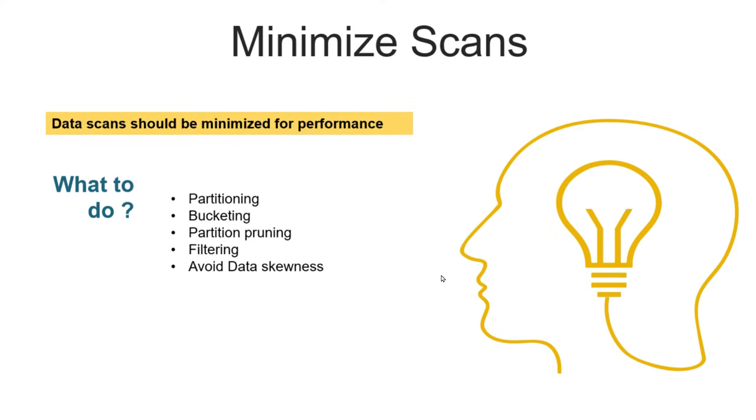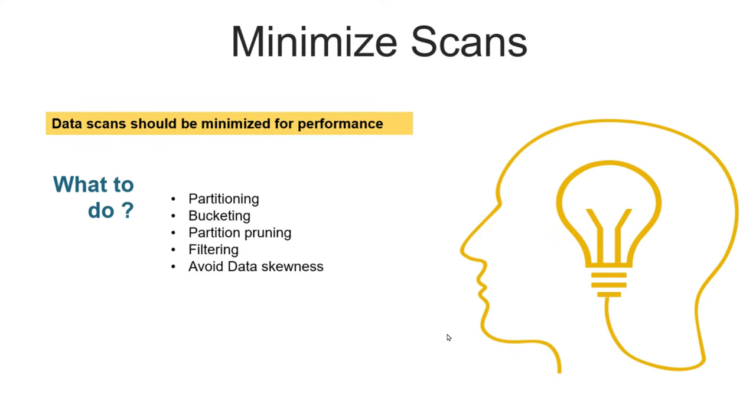Then there can be bucketing, but we need to be mindful while doing bucketing, because managing buckets is a bit of an overhead. But bucketing can definitely be done in certain cases depending on our use case. Then there can be partition pruning, and we can add filters to our queries to go to the relevant data.